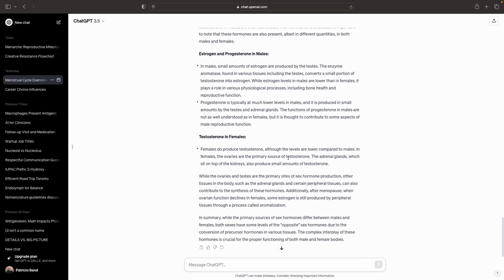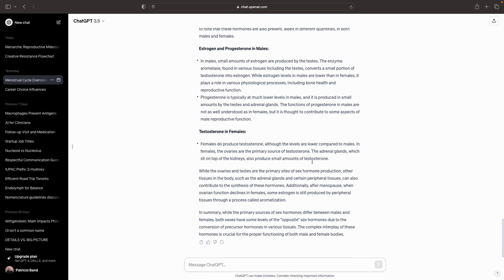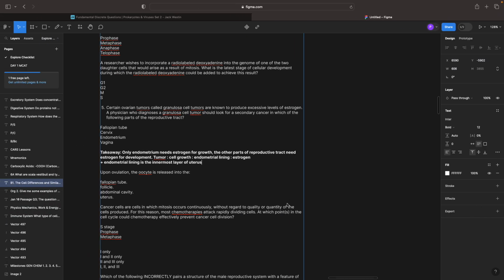The ovaries are the primary source of testosterone in females, and the adrenal glands, which sit on top of the kidneys, also produce small amounts of testosterone. After menopause, when ovarian function declines in females, some estrogen is still produced by peripheral tissues through a process called aromatization. So, yes. Okay.